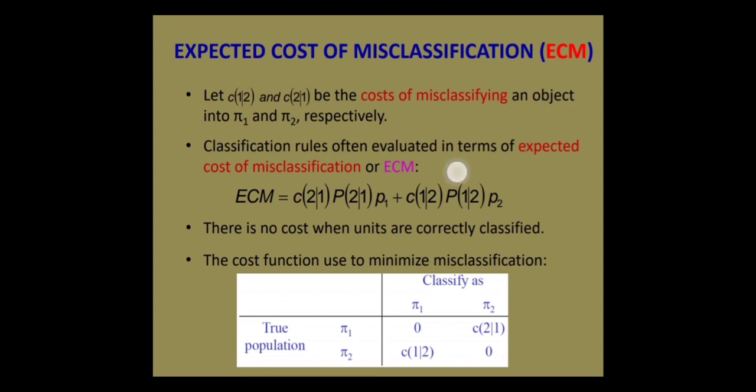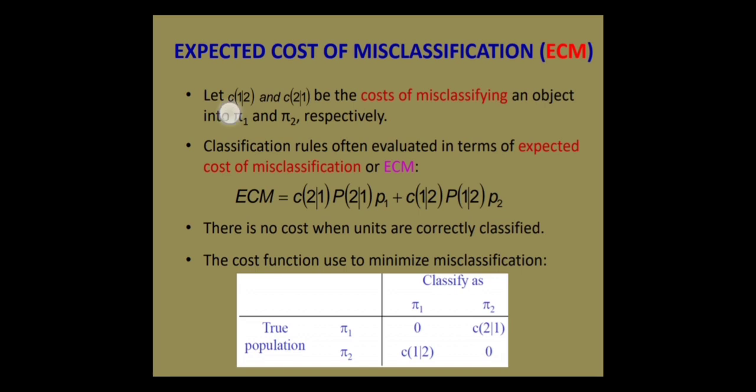So untuk cost of misclassification, the notation will be C(1|2) and C(2|1), will be the cost of misclassifying an object into pi 1 or pi 2, first population or second population.